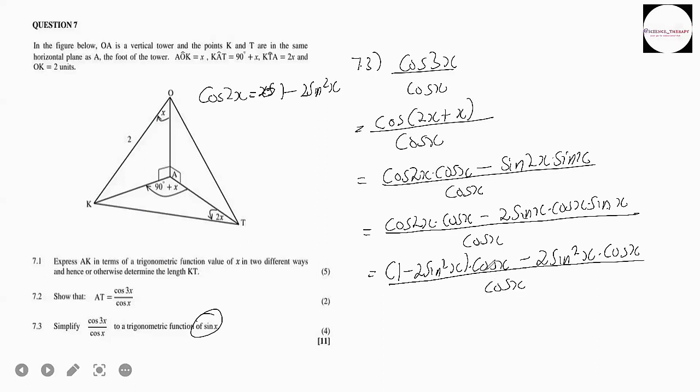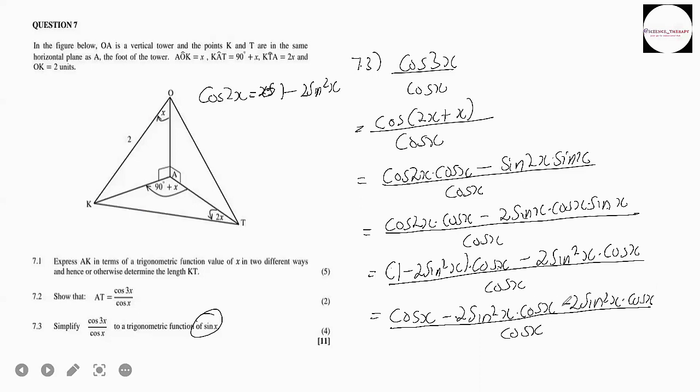Now you see if we take the cos x multiplied by 1, that's cos x. But if we take the cos x multiplied by this, it gives us 2 sine squared x cos x minus 2 sine squared x cos x. Then over what? Over the cos x.